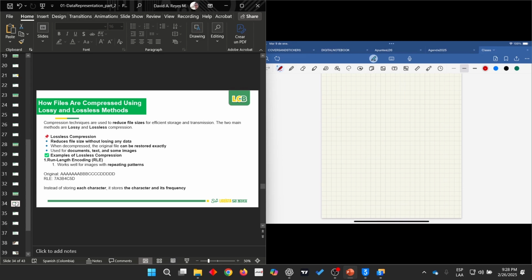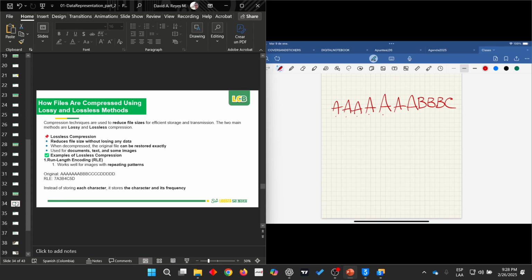For example, look at this example. I'm going to write it on the right part of your screen. The original file has a a a a a a a, that is 1 2 3 4 5 6 7, then it's going to have b b b c.